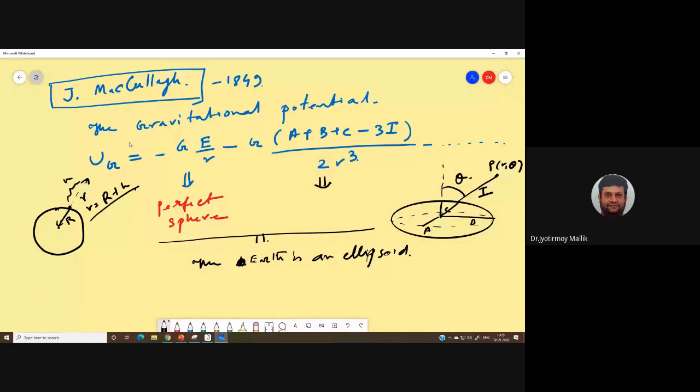So the potential will not stop just at the surface, right? The gravitational potential will continue up to infinity. It will be smaller in intensity, but it will still be there as per Laplace's theorem. You know about Laplace's theorem about any field.